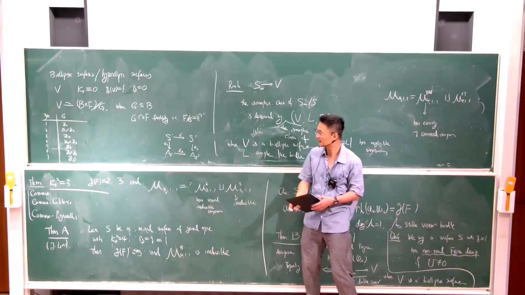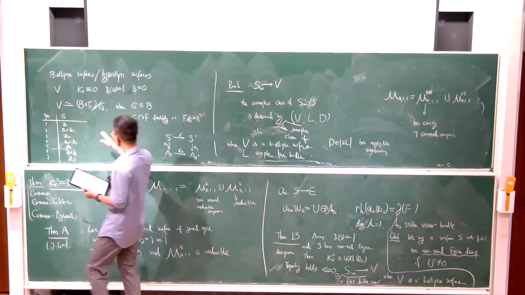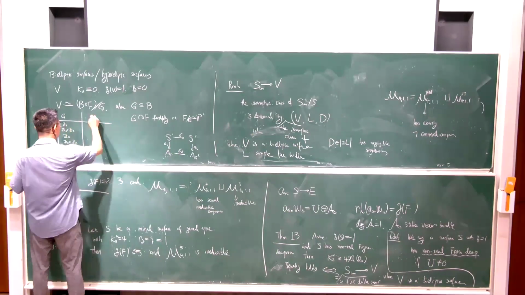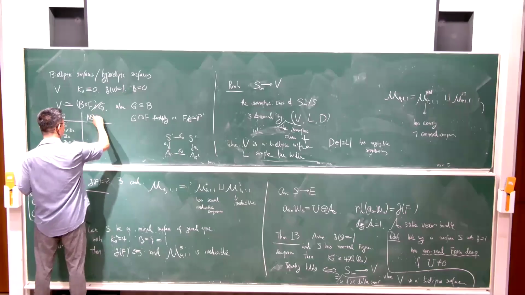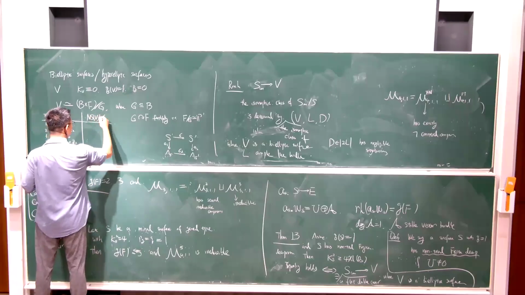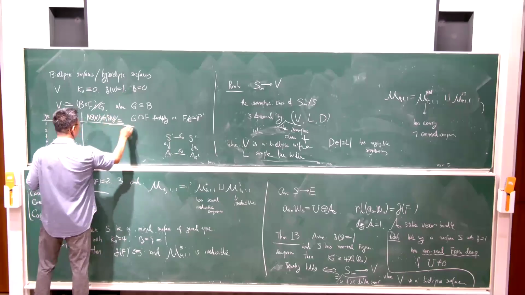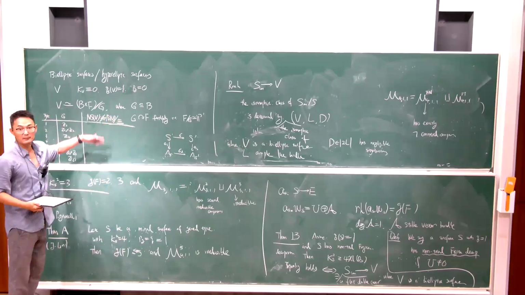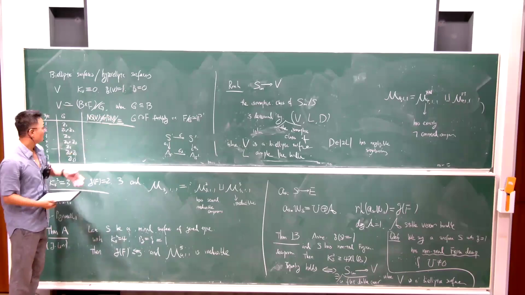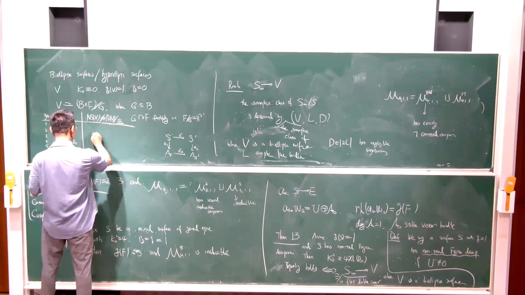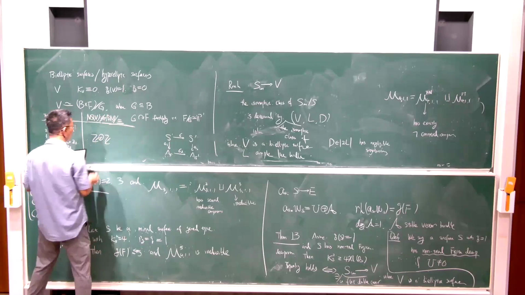The reason is that for this bielliptic surface, the Lefschetz group is actually not trivial. The Lefschetz group, the definition is the Picard group modulo numerical equivalence. These are very easy to describe.